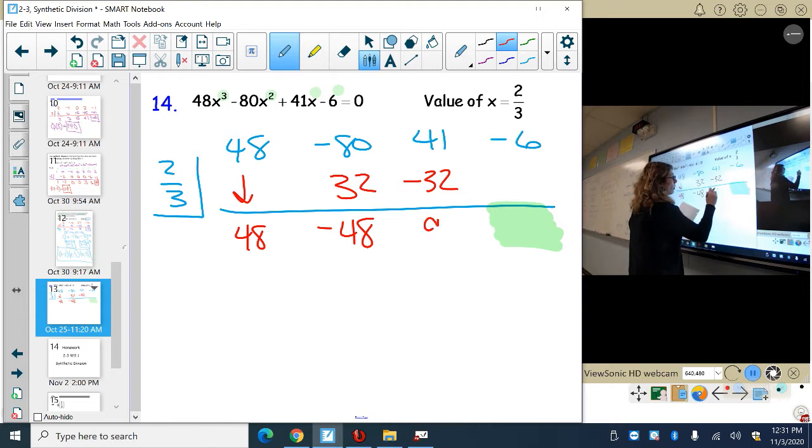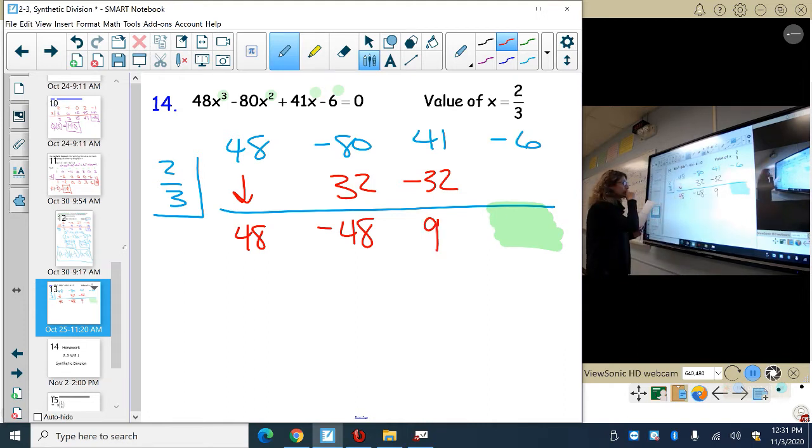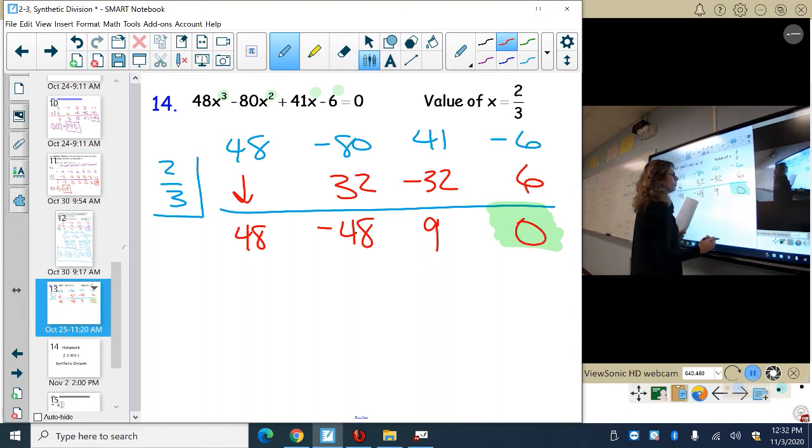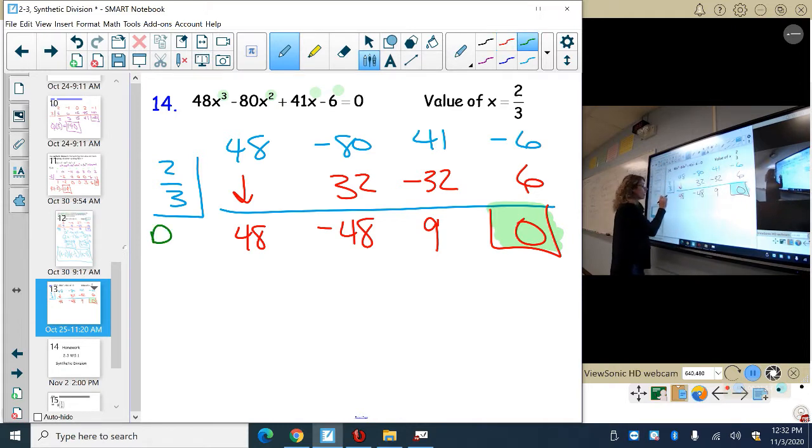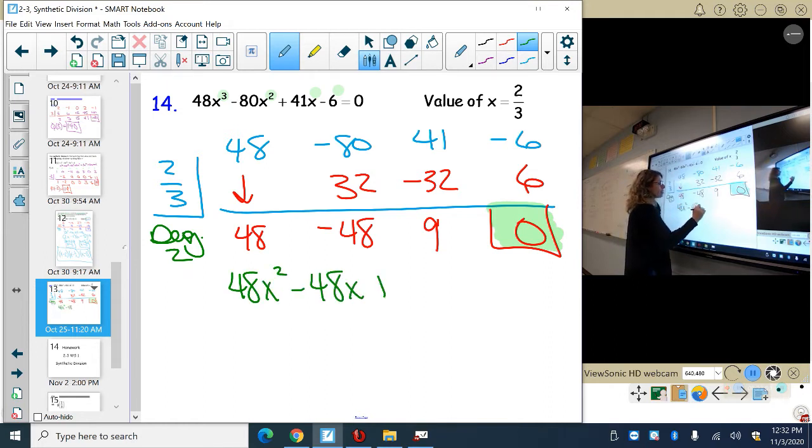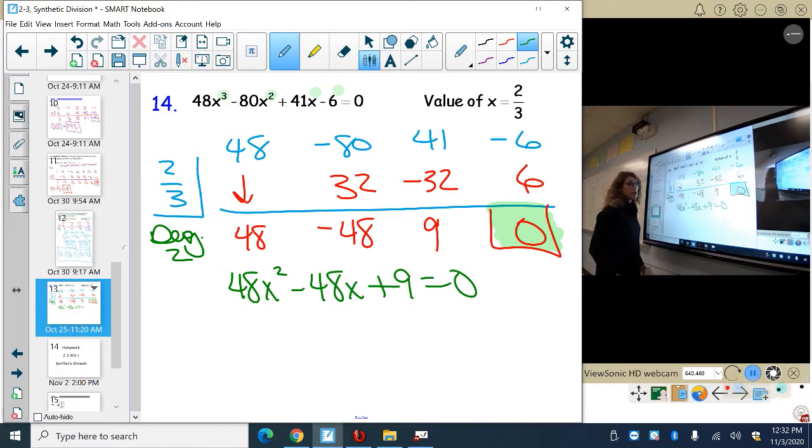Plus 41 is going to give you a 9. 9 divided by 3 is 3, times 2 is 6 to give you a 0. So I did it right. So now this is going to drop down a degree, and it goes from degree 3 to degree 2. So this is going to be 48x squared minus 48x plus 9 is equal to 0.